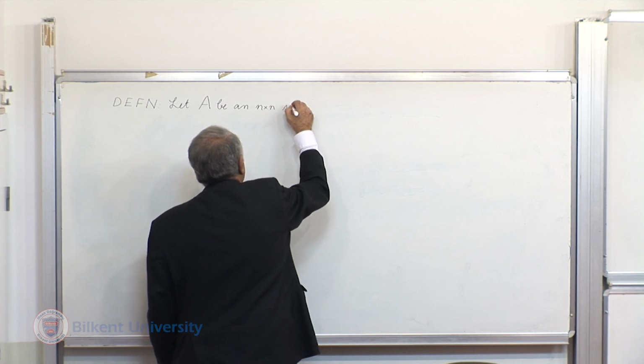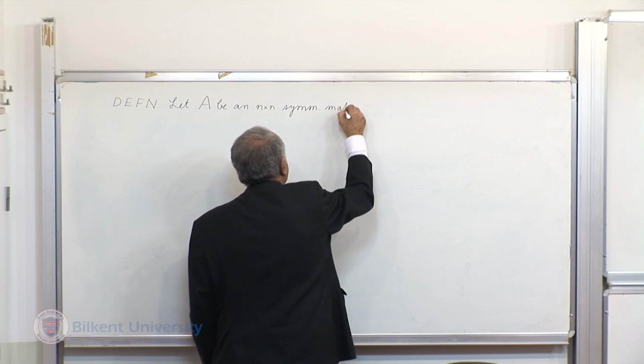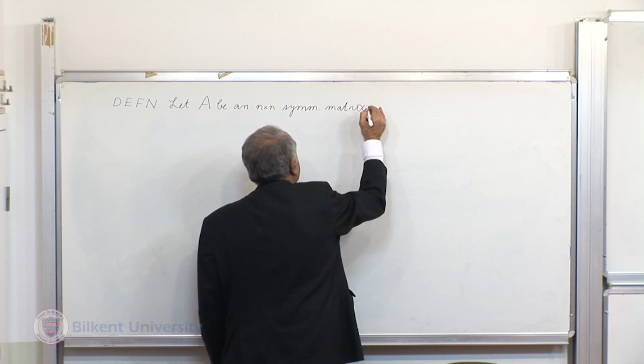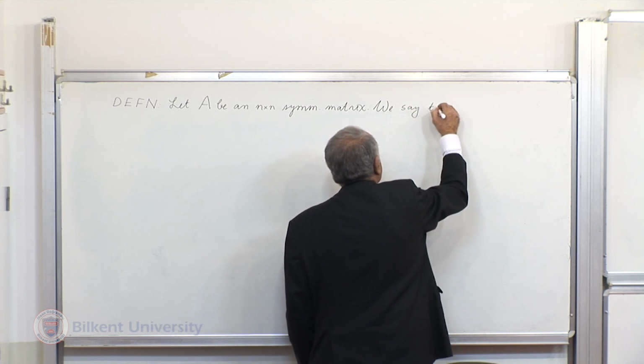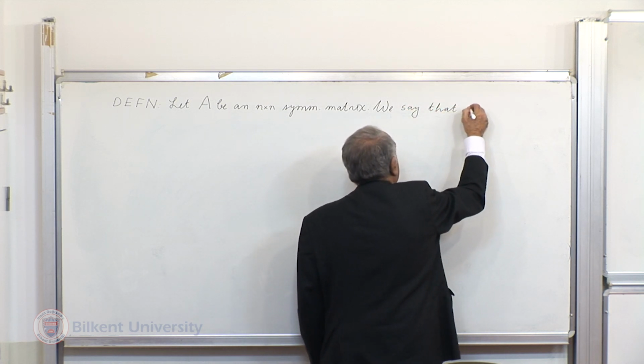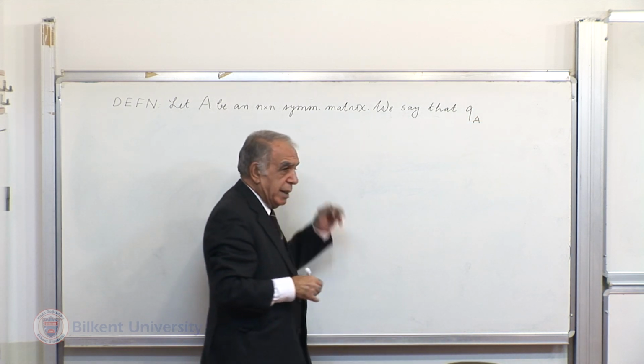N symmetric matrix. And we say that the quadratic form is determined by this matrix.